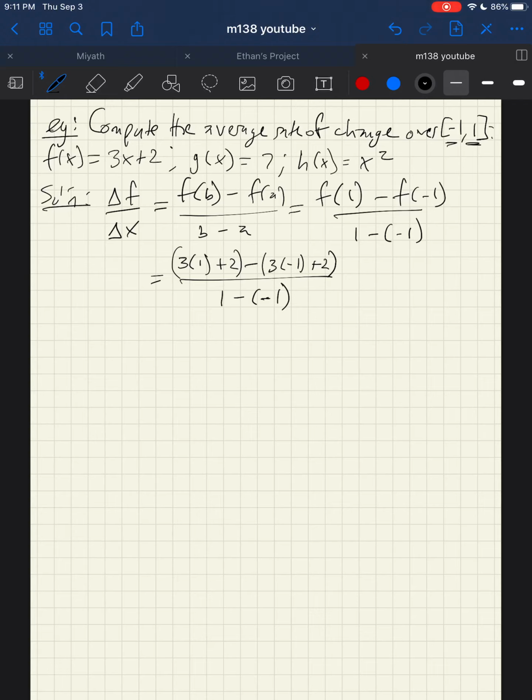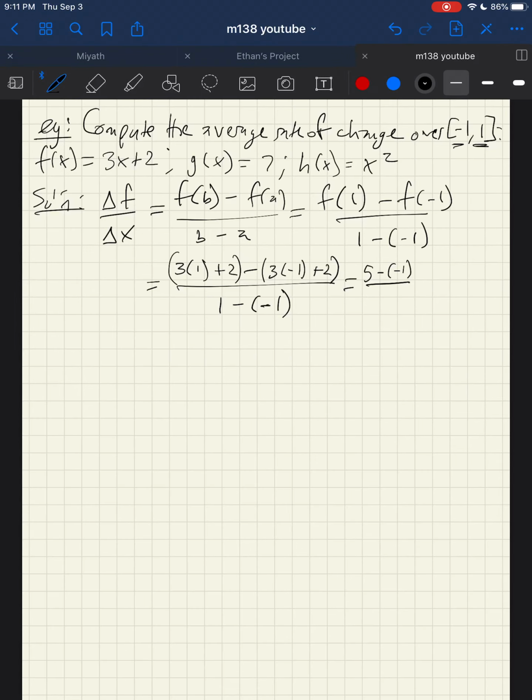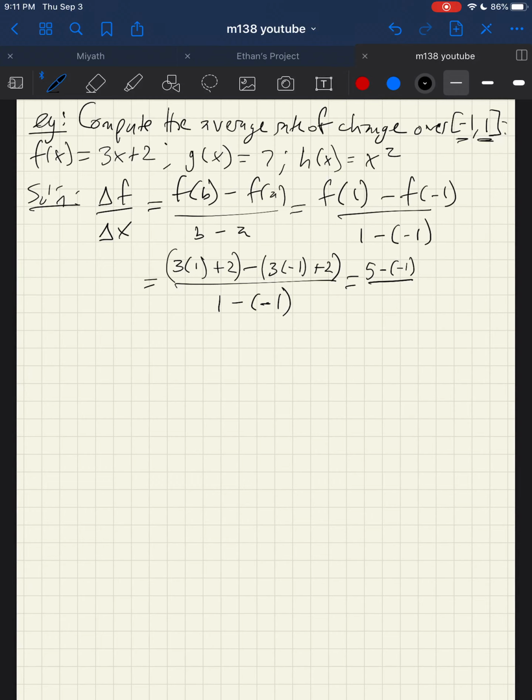So now if I just simplify this, I've got 5 minus -1, so it's going to be 5 plus 1. This should have been a minus sign. Got ahead of myself. And then that's over 1 minus -1, which is 2. So I've got 6 over 2, which is 3.